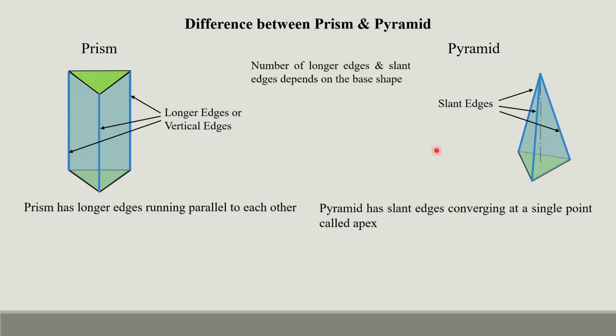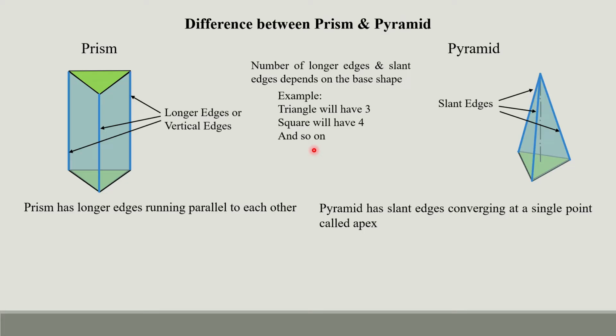The number of longer edges or slant edges depends on the base shape of the prism or the pyramid. Here, as we have taken a triangular prism, the number of longer edges is 3. Here it's a triangular pyramid, so the number of slant edges is 3. If we go on increasing the number of corners to square, then it will be 4 and so on.